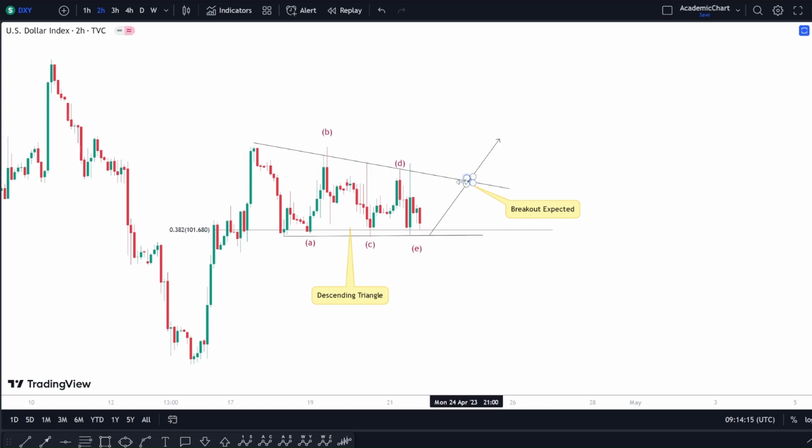I'm expecting the continuation of the momentum uptrend, as we are seeing these triangles are continuation patterns. So this expected breakout above this triangle is why I'm expecting an uptrend on the hourly chart.